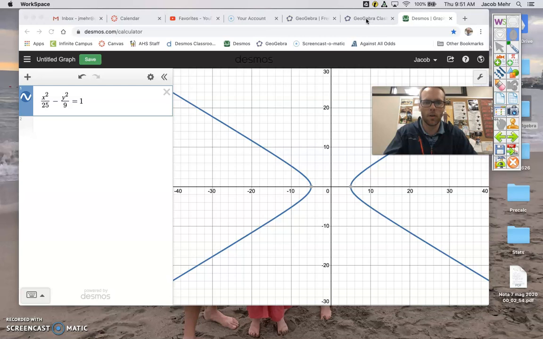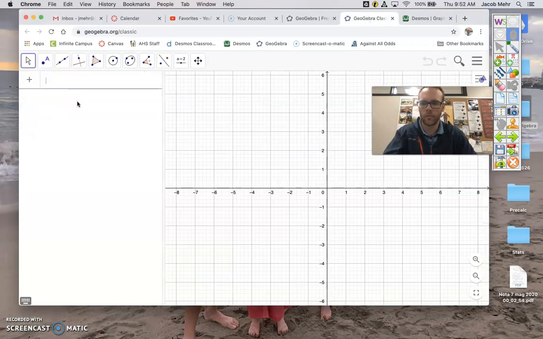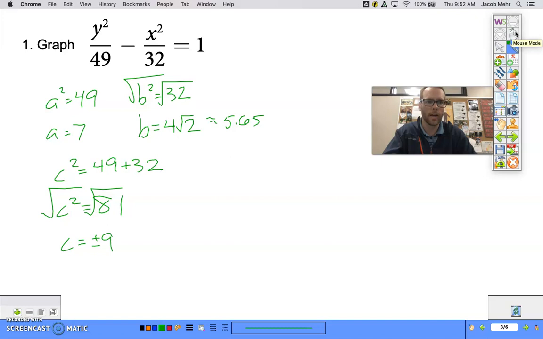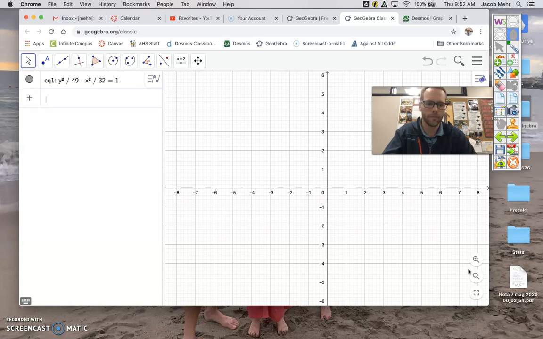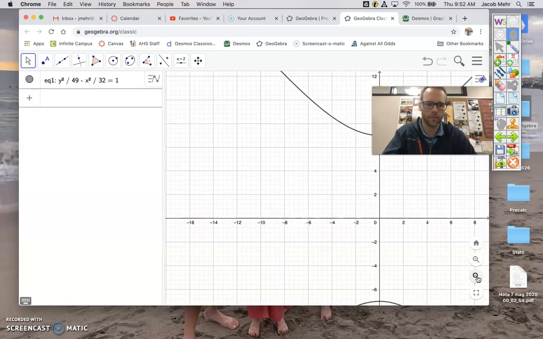All right, so we said, what did we have? We had y squared over 49 minus x squared over 32 equals 1. There it is.